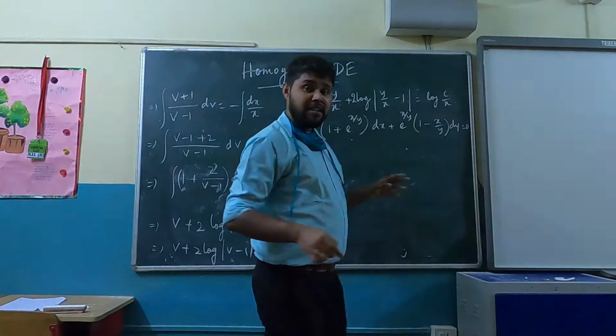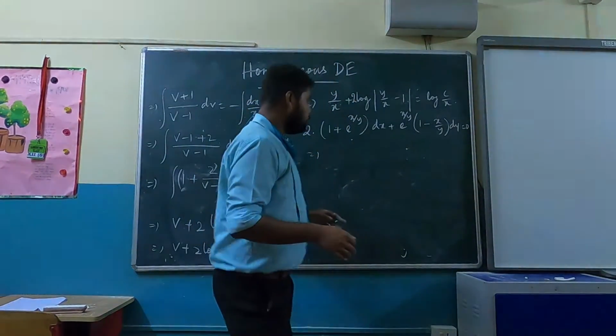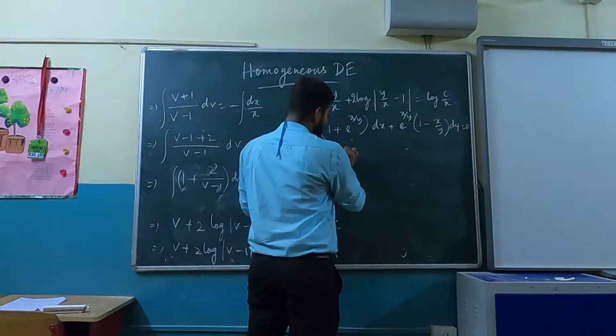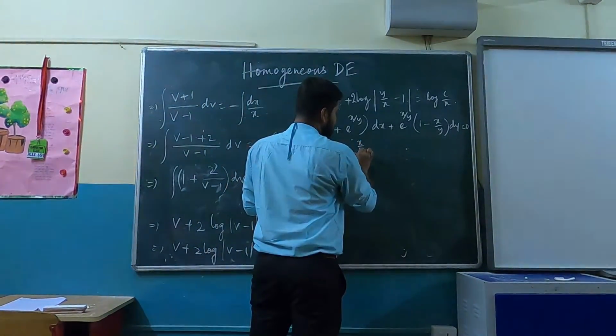So here I have x by y. So I will take everything in terms of y. So this is 1 plus e to the power x by y.